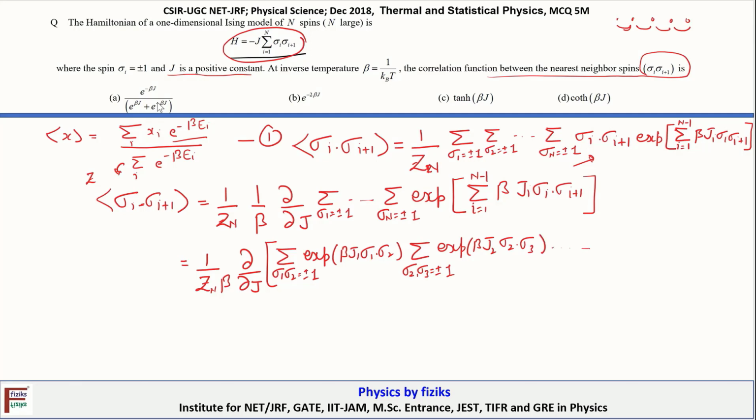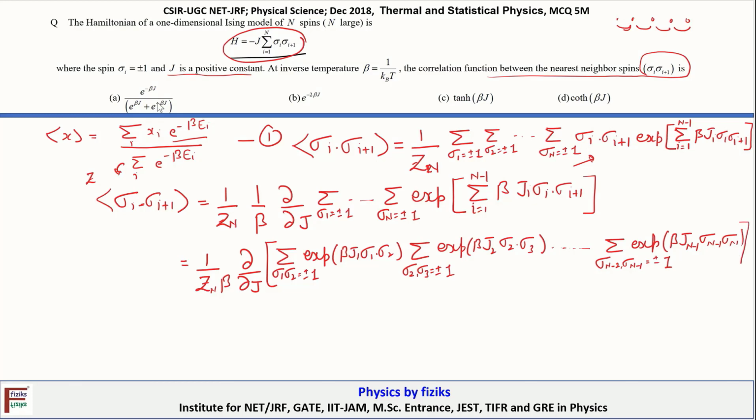Then we can write the last term as summation sigma n minus 2 and sigma n minus 1 with values plus minus 1, exponential beta J n minus 1 sigma n minus 1 and sigma n.